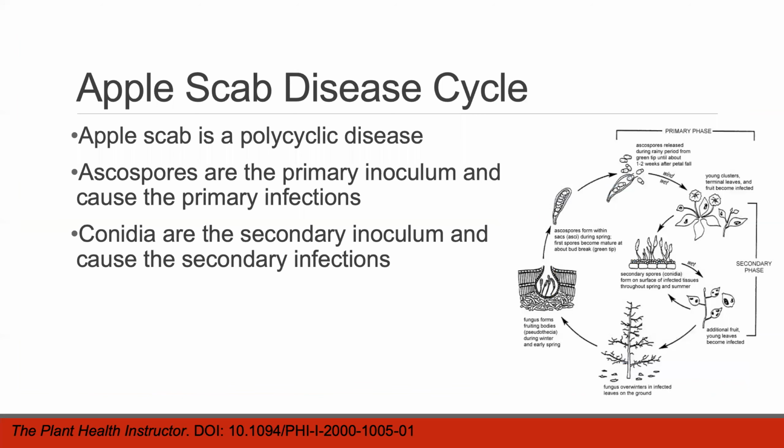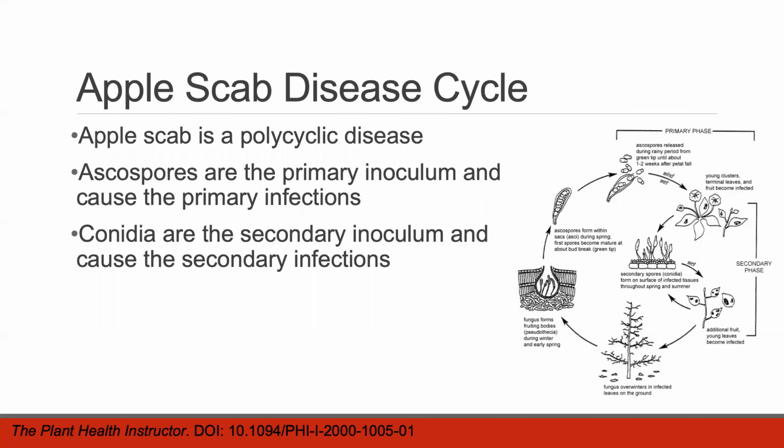In order to effectively manage apple scab, a good understanding of the disease cycle is required. Apple scab is a polycyclic disease, which means that the fungus produces more than one infection per crop cycle. In contrast, monocyclic diseases or pathogens produce only one infection per cycle.